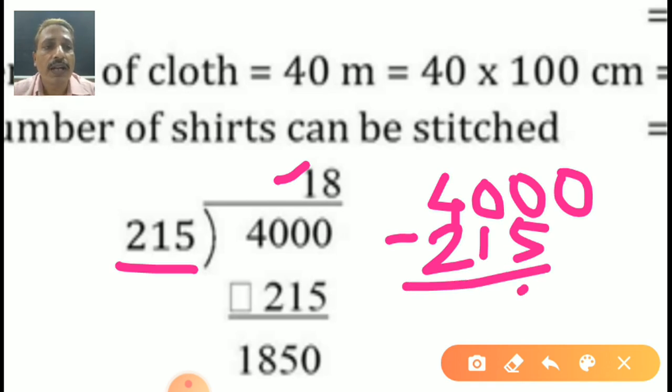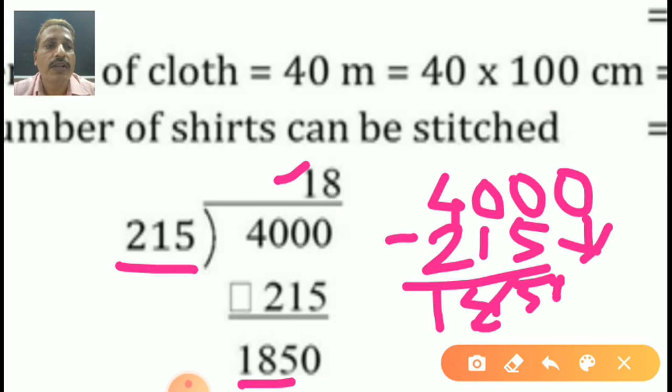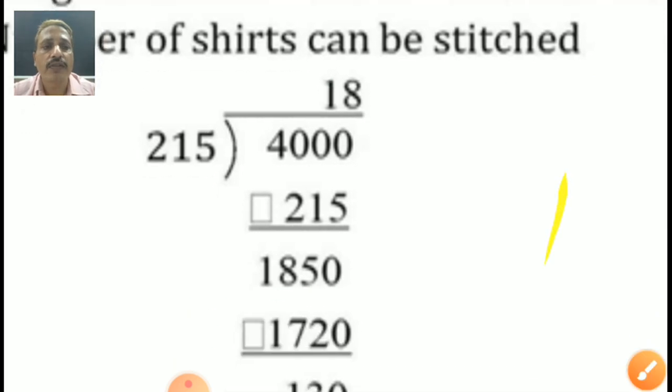Actually it is now 10 and there is a 9. 9 minus 1 is 8, and here is the 3 now. 3 minus 2 is 1. 185 is the answer up to here. Okay, now bringing down this 0, it will come here and make it 1850. Up to here you know? Yes. Let's check further.